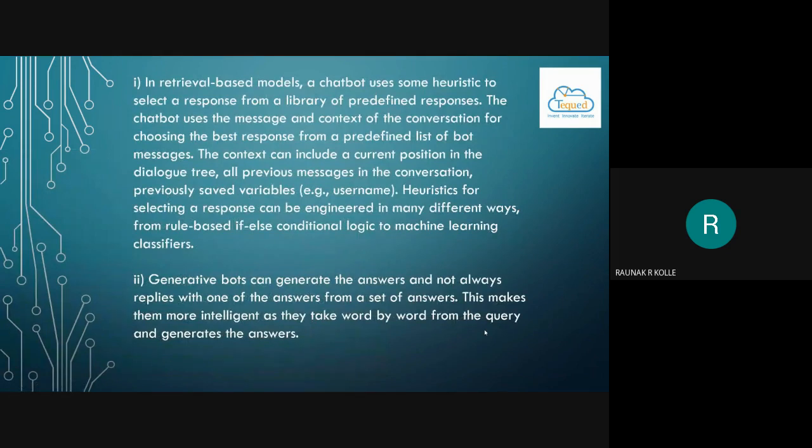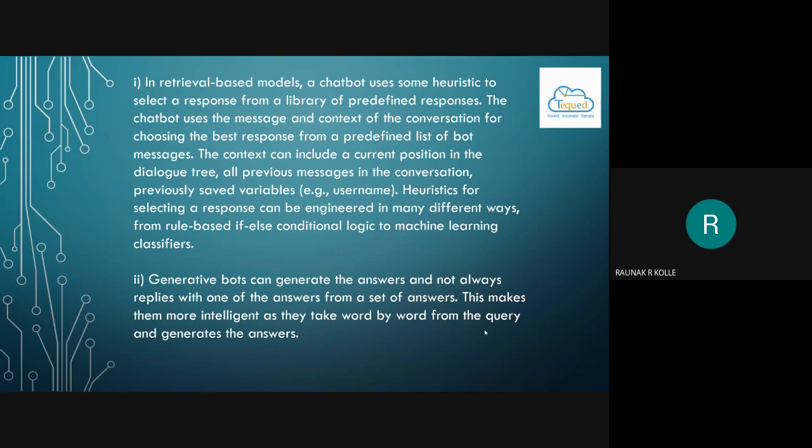In a retrieval based model, a chatbot uses some heuristic to select a response from a library of predefined responses. The chatbot uses the message and context of the conversation for choosing the best response from a predefined list of bot messages.